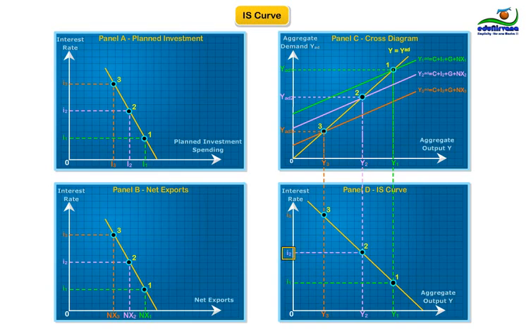Finally, the highest interest rate I3 in panel A and B leads to the lowest level of planned investment spending and net exports, and hence the lowest level of equilibrium output in panel C, which is plotted as point 3.